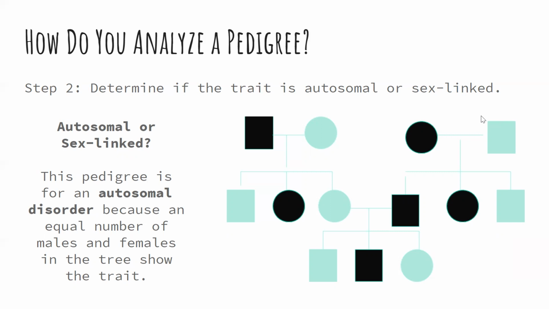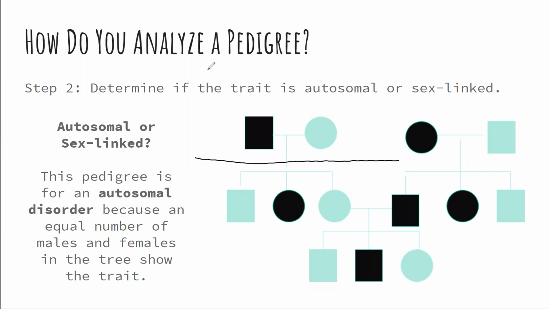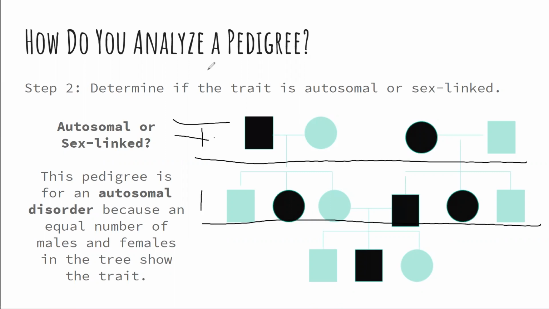I'm going to stop right here for a second because we also need to understand that there are generations shown on a pedigree. Generations are shown horizontally. So this is a generation. This is generation 1.